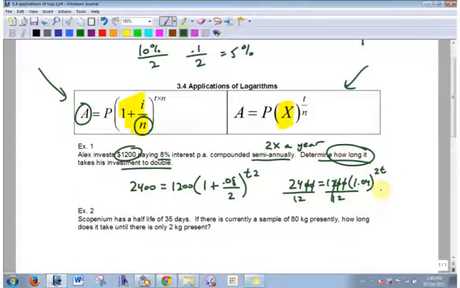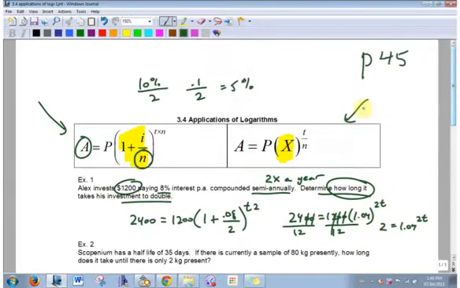There's not enough room here. 2 is 1.04 to the 2t. So how do I solve that for t algebraically? Take the log of both sides.